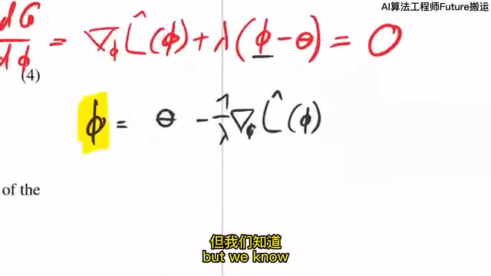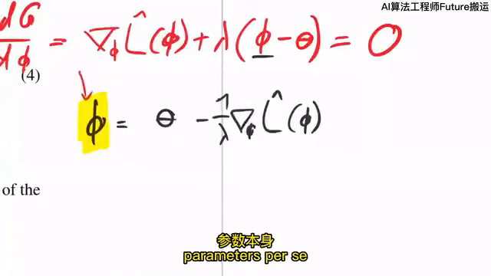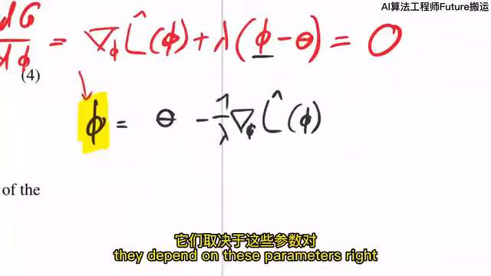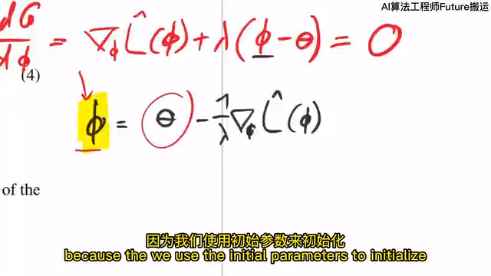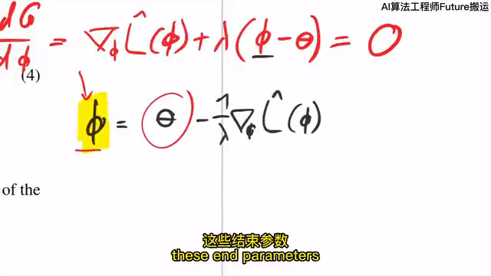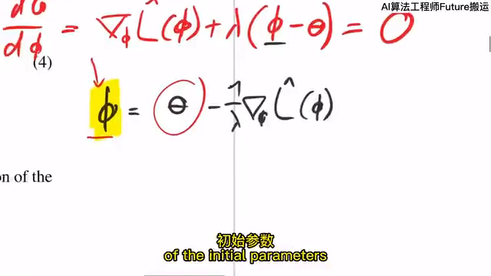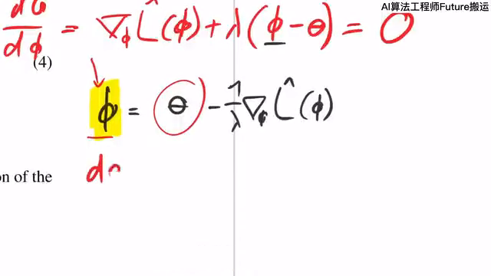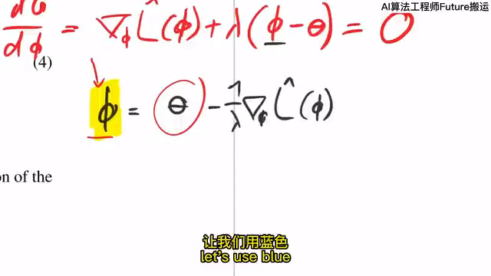But we know also that these parameters aren't just parameters per se. They depend on these parameters, right? The inner parameters depend on the initial parameters because we use the initial parameters to initialize these inner parameters. So these are actually a function of the initial parameters. So what we can do is derive this by the initial parameters. I'm using red again, let's use blue.